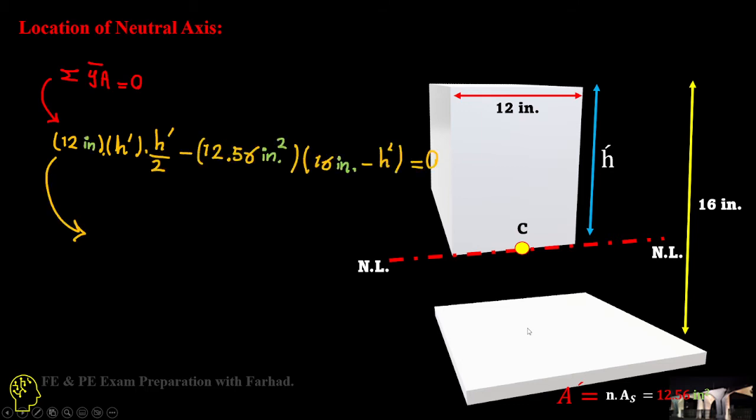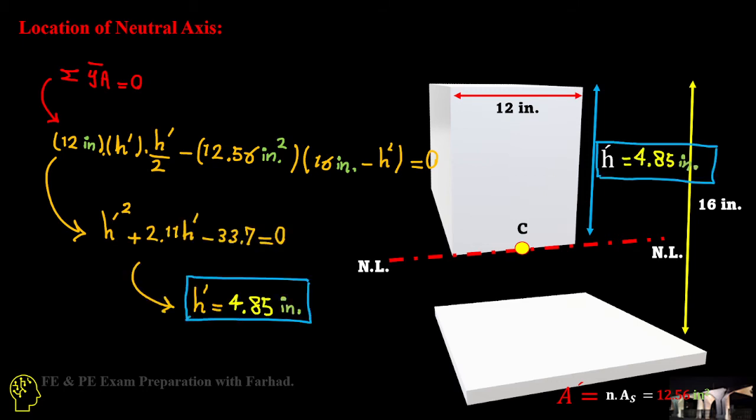If we consider the neutral axis h prime from the top, that's 12 inches width times h prime times h prime over 2 for the top section centroid, minus the equivalent area of steel, that's 12.65 square inches times 16, from the top to the center of the rebars, minus h prime, which is this distance, should be equal to each other.